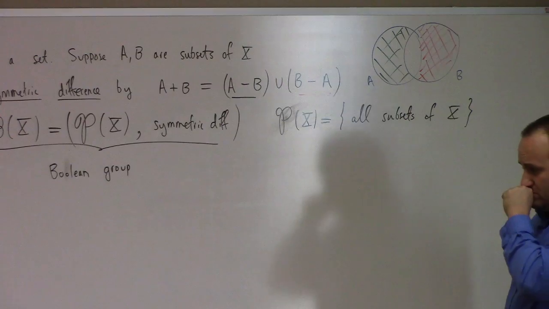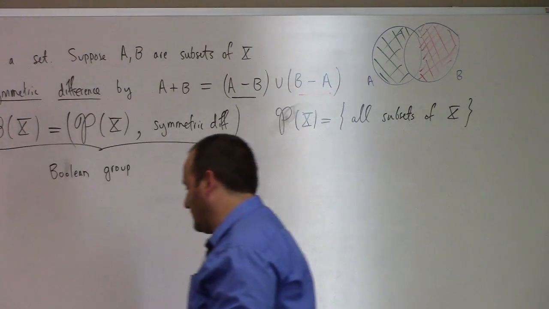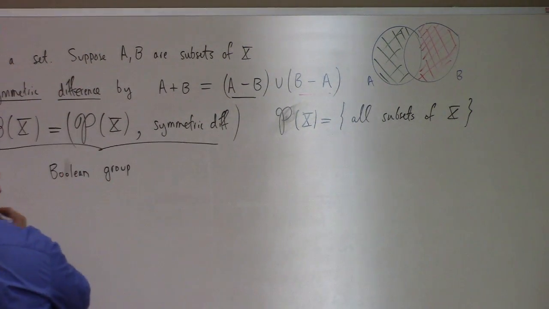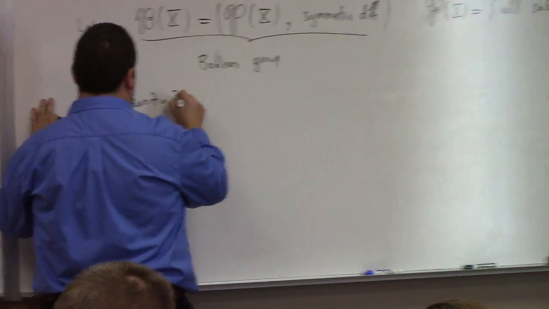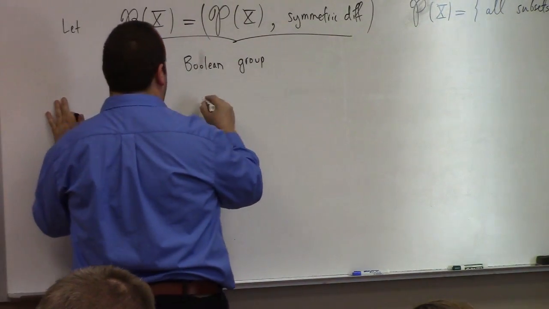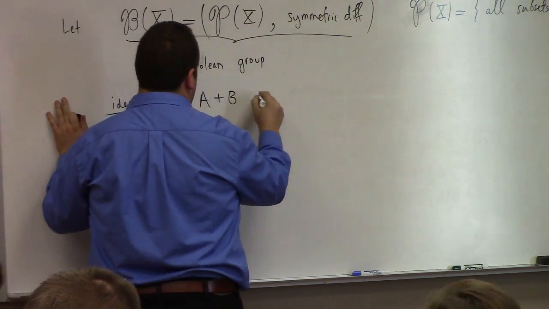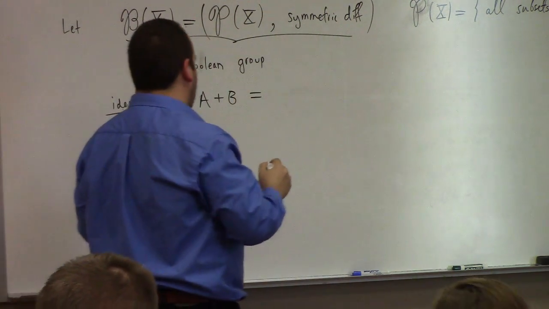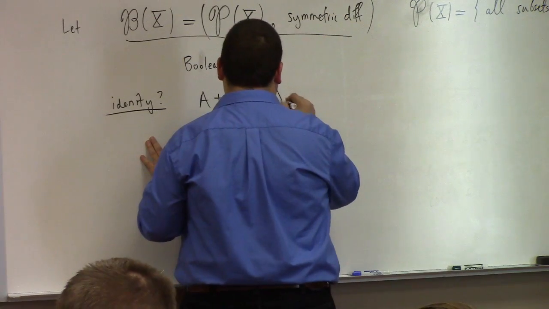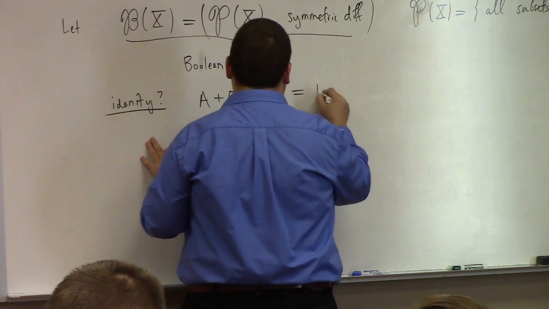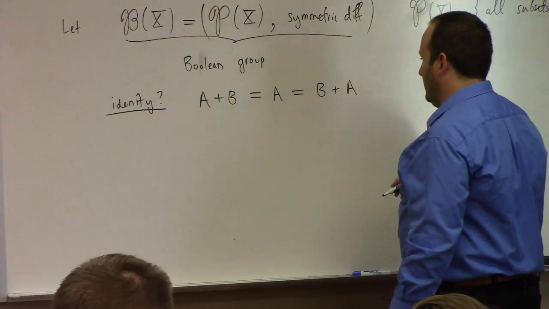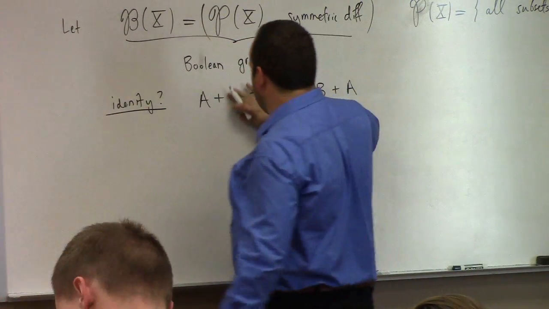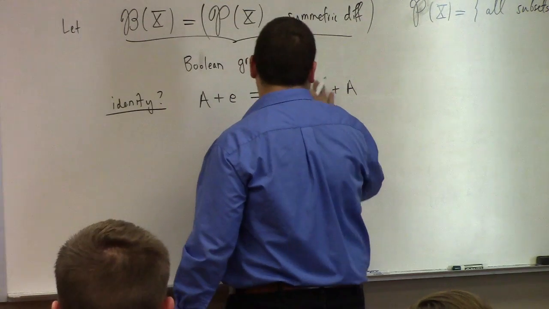So what would serve as the identity here? We want A plus E to equal A again, and we want that also equal to E plus A. Maybe let me call it E, so it's less weird to you guys.